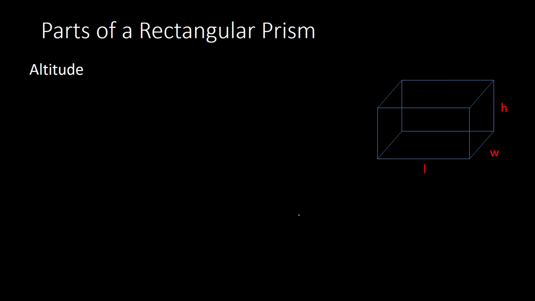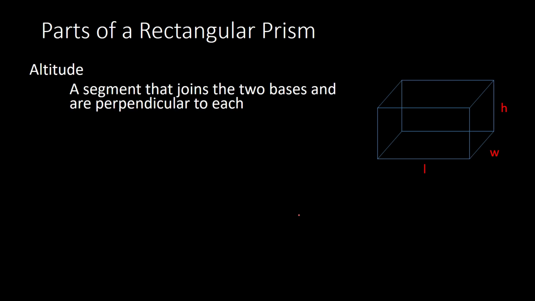We also have what we call the altitude, which is a segment that joins the two bases and is perpendicular to each. So we see here in yellow, over here on the side, this would be the altitude. It is connecting the top and the bottom, the two bases, and is perpendicular to each of them.